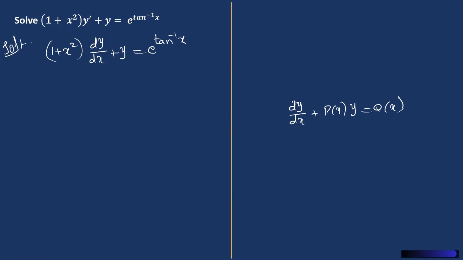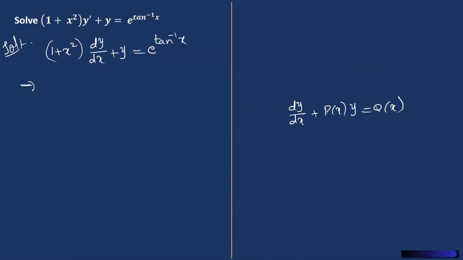Point number one, the coefficient of dy by dx must be 1. But when you look at this, dy by dx has a coefficient of 1 plus x square. Let us first make the coefficient of this derivative 1. So let's divide all these terms by 1 plus x square.